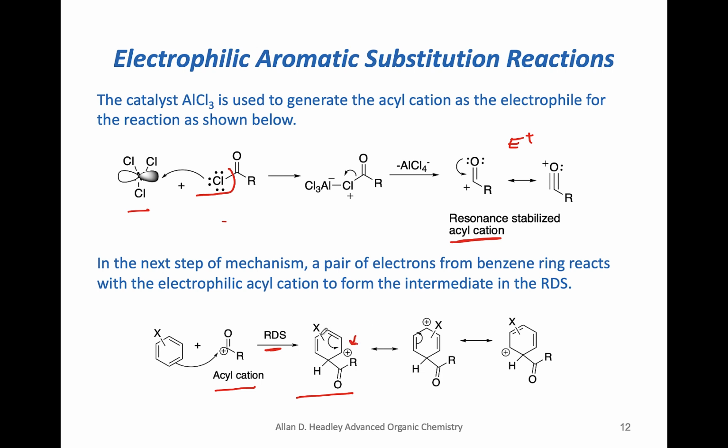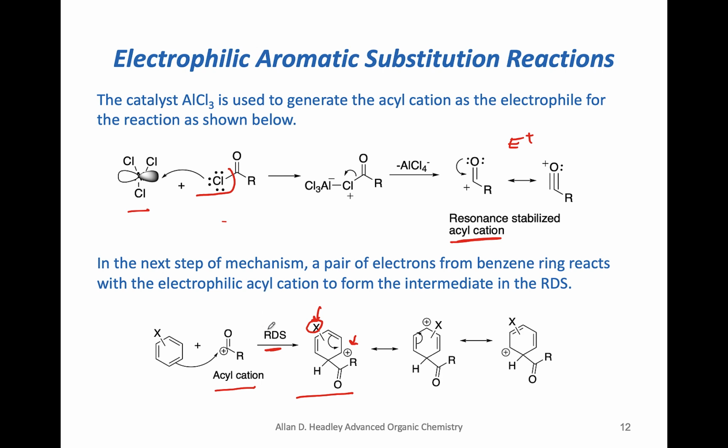If it's positive, any substituent here would have an effect on its stability. If the substituent is electron donating, such as the methoxy, it will stabilize this, lowering the energy of activation for this RDS, making this reaction a fast reaction. So that's why this would be negative.